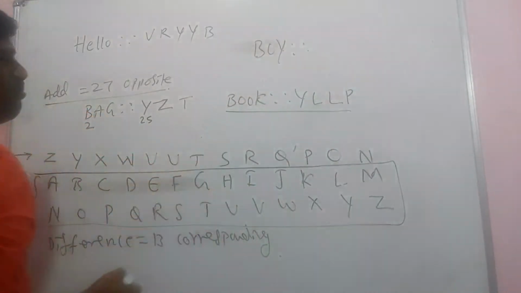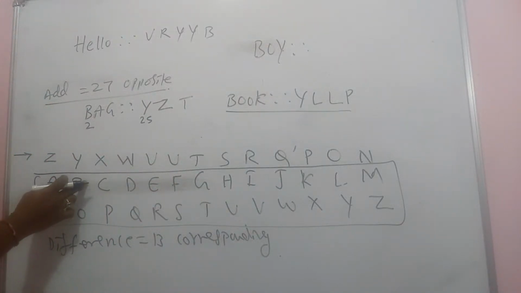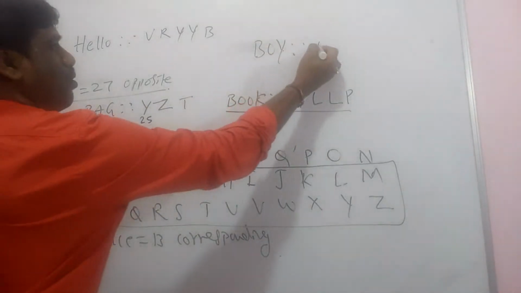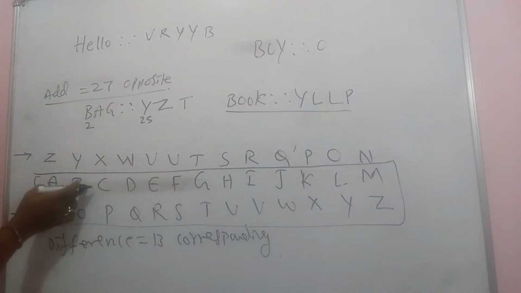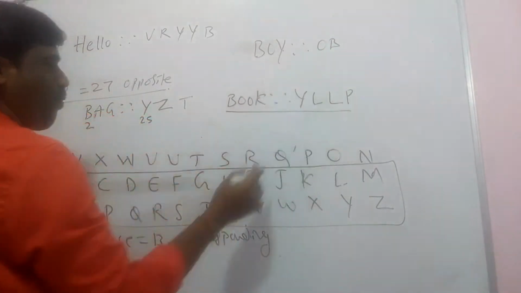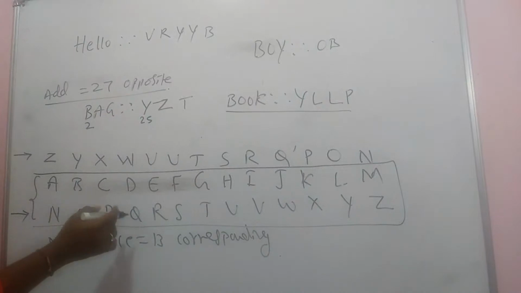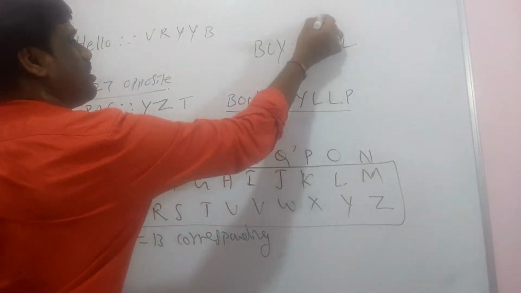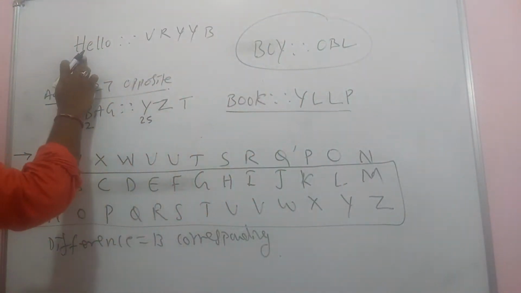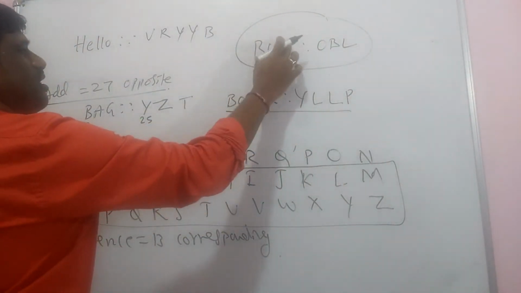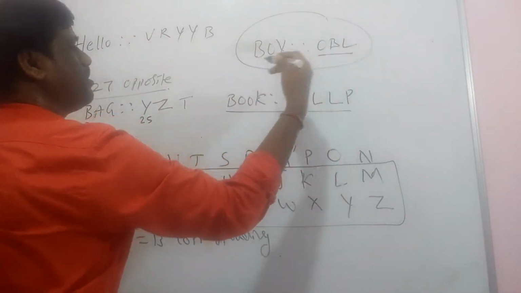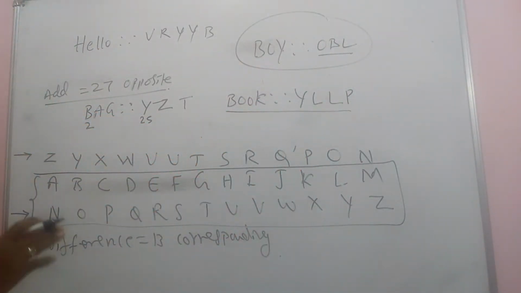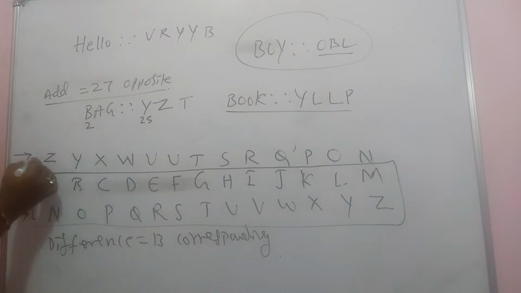What is the code language for boy? The corresponding letters: B corresponds to Y, O corresponds to L, and Y corresponds to B. So this is the answer. If they give you this, they will ask you for the value. This is the opposite letter coding, and this is the corresponding letter coding. Did you understand?